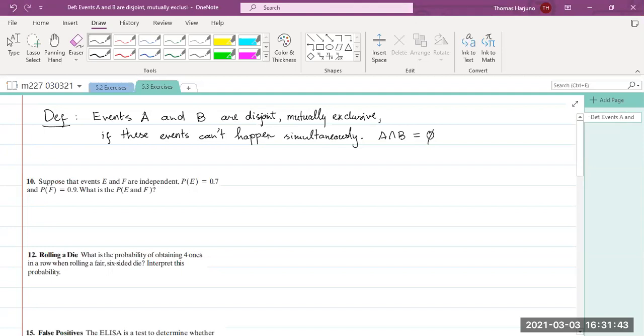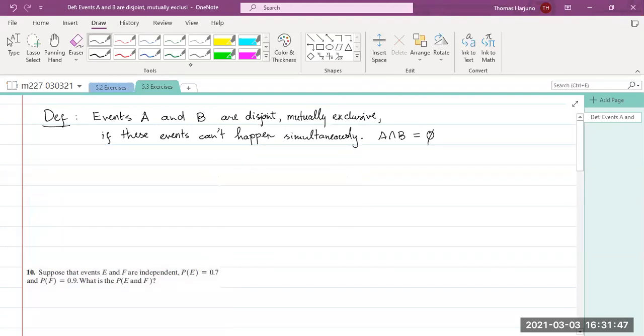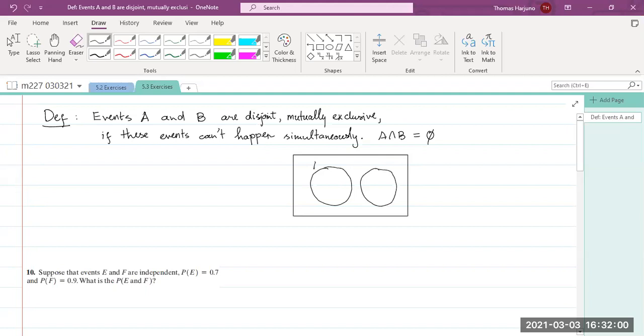Okay. We used this notation earlier, and I actually gave you the Venn diagram, what it looks like. Now, events A and B are disjoint if they cannot happen at the same time. Let's say this is event A and that's event B. They don't have any overlap.